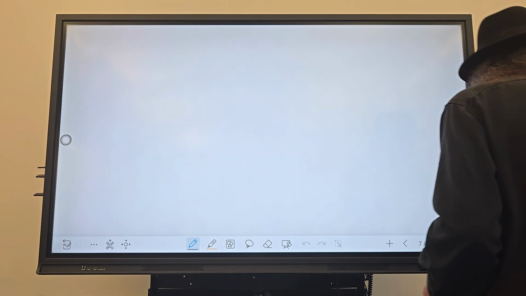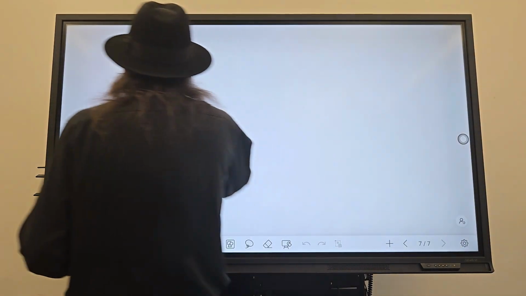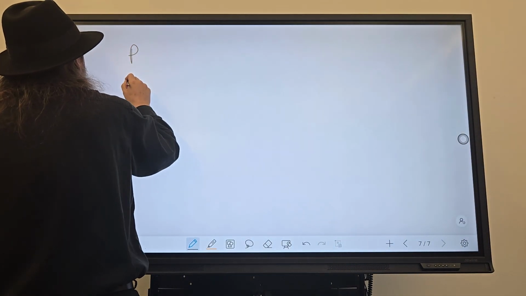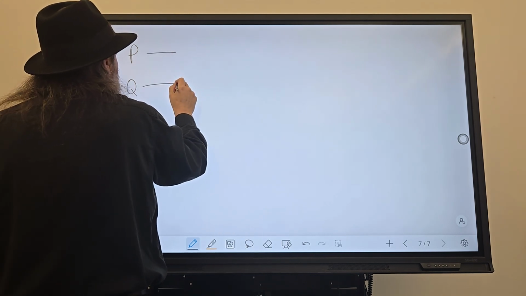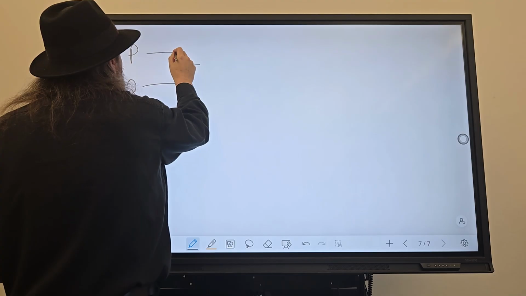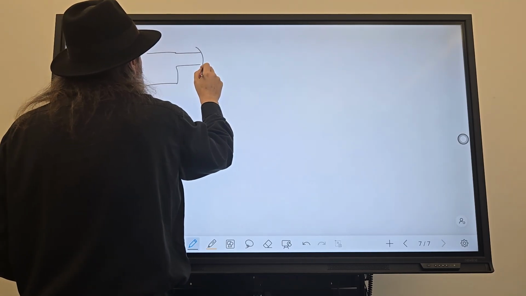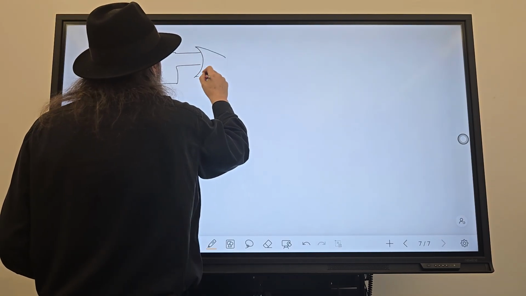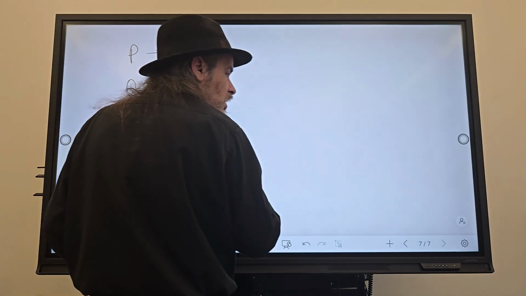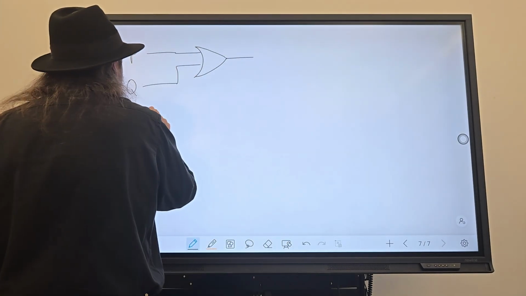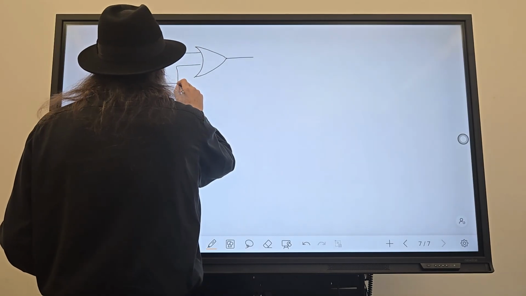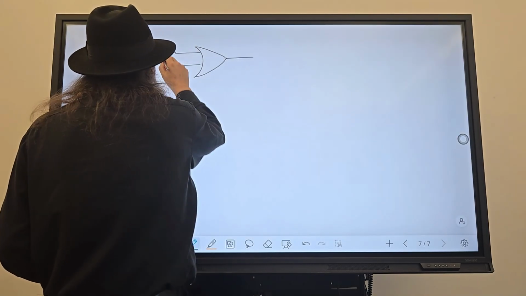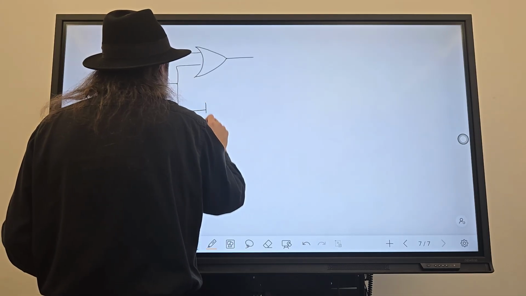Let's see here. P and Q. And we're going to OR them, and AND them together.